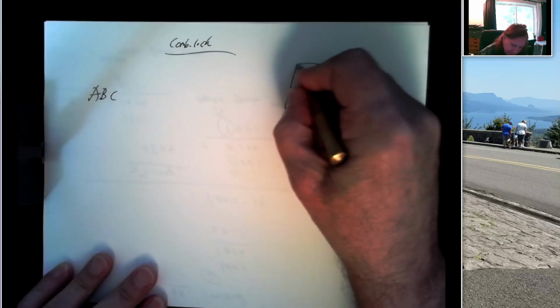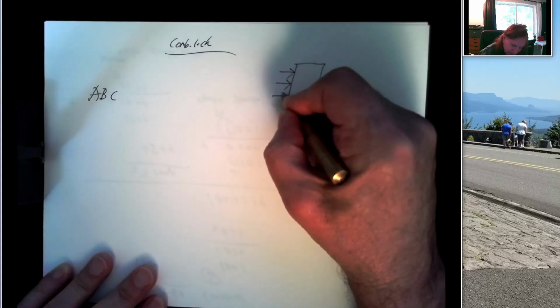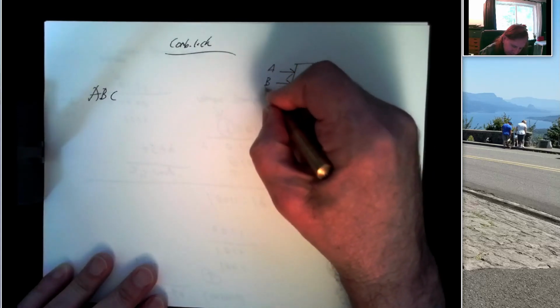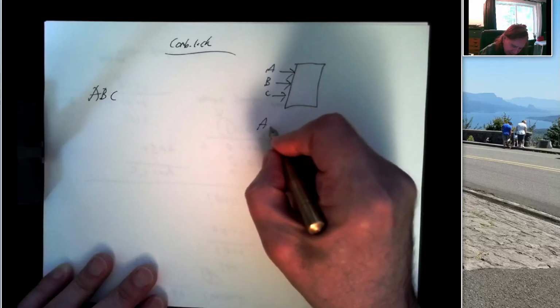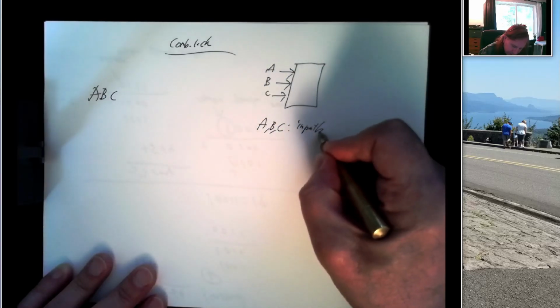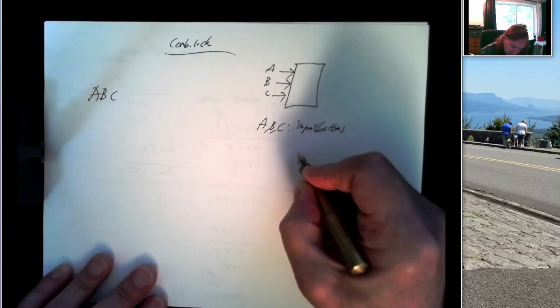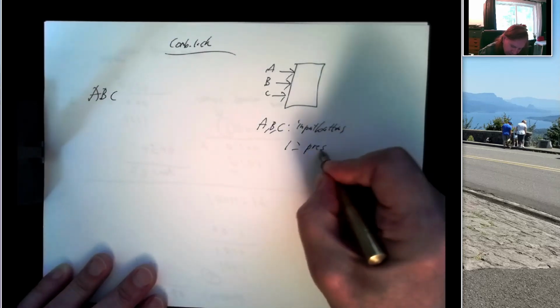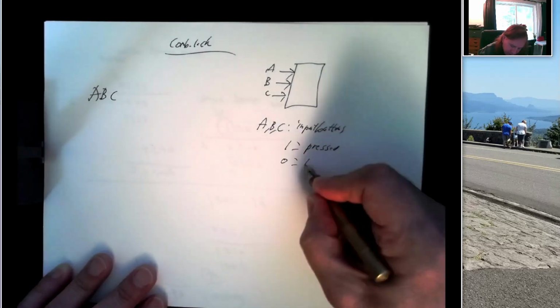So I can draw something like a system diagram. I'm going to have 3 buttons coming in. I'm going to label them A, B, C, the input buttons. 1 means that the button is pressed. 0 means it's not pressed.